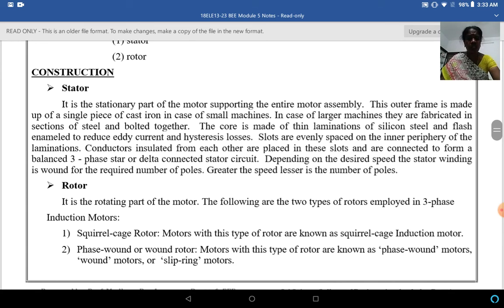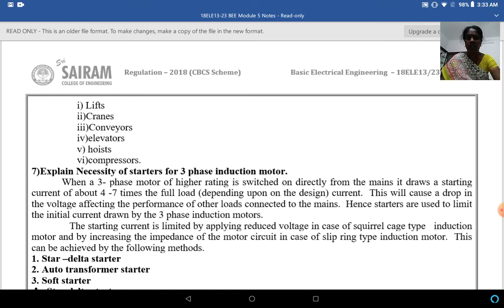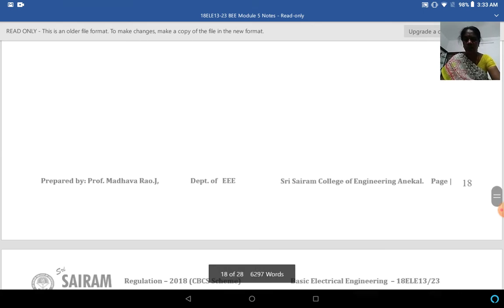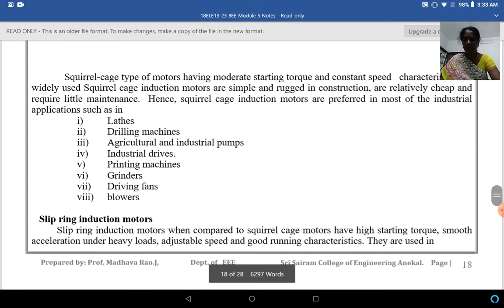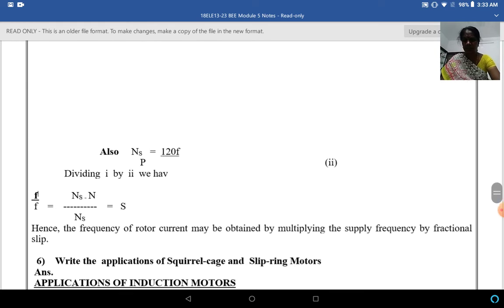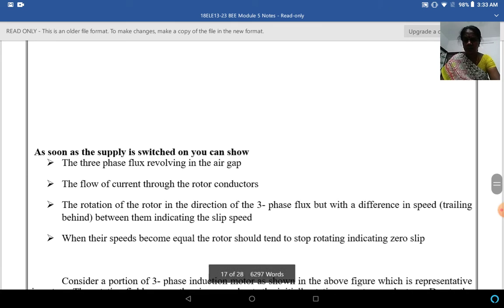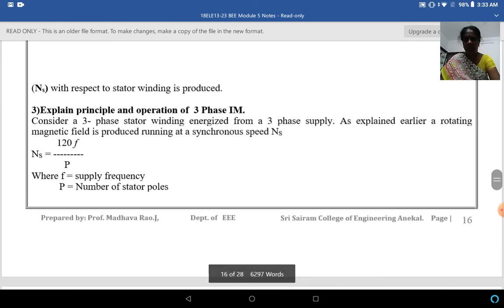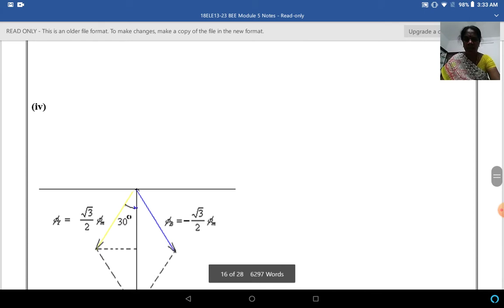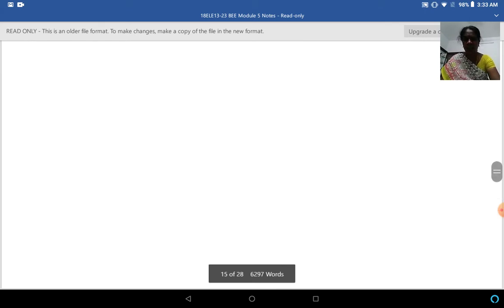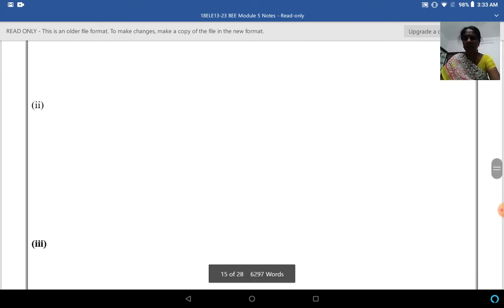The following are the two types of rotors employed in a three-phase induction motor. One is the squirrel cage induction motor. The other one is the phase wound slip ring induction motor. We'll see one by one the squirrel cage as well as the slip ring, construction-wise, the working mechanism, everything.